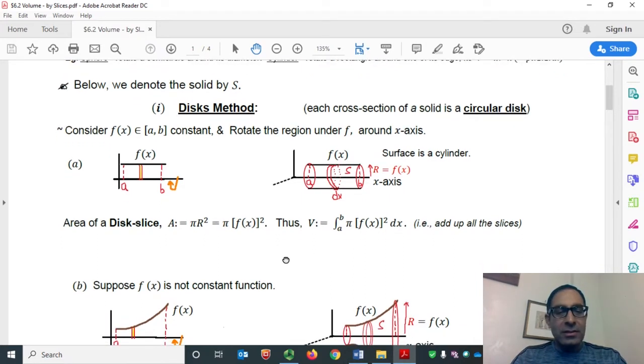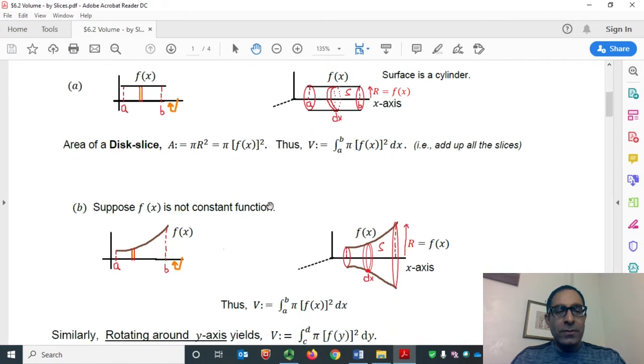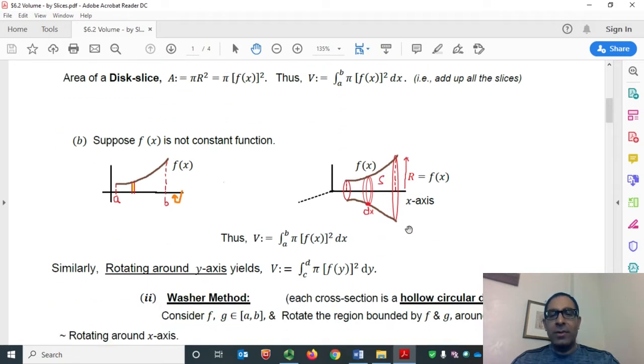Now in case B, suppose the function is not constant. So here is my function, and let's rotate this region under the graph of the function above the x-axis, bounded between x equals a and x equals b, around the x-axis. Then when we rotate this region, our solid is this one, the diagram on my right side.